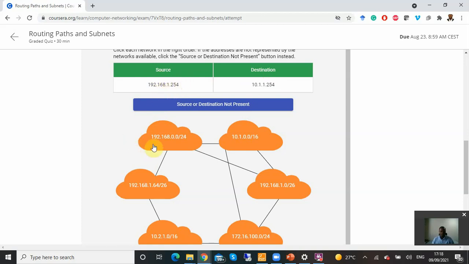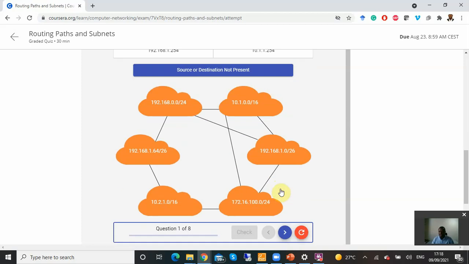Now let's take a look at it. 192.168.1.254. 192.168 is 0. This is not it. This is wrong because the network ID of class C is three octets, and the three octets must correspond. Look at this. 192.168.1.